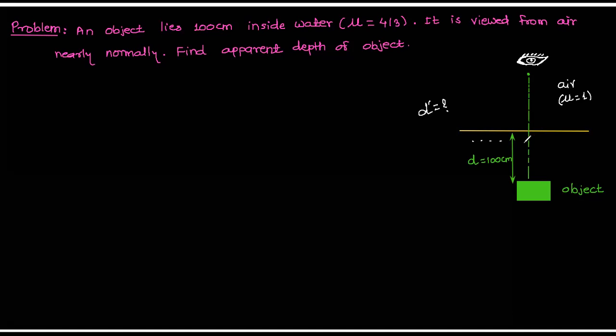Yes or not? This is water. Can you see? So this is water, and its refractive index is also given, mu w is equal to 4/3. So everything is given. I think now you understood the problem. So let's start solving.